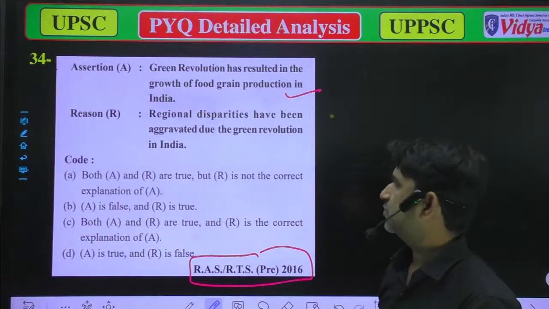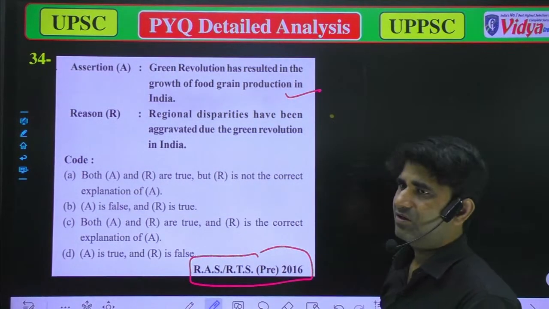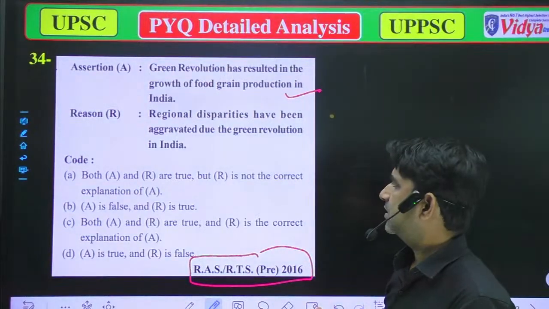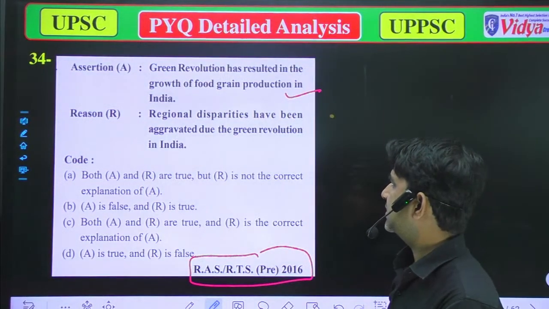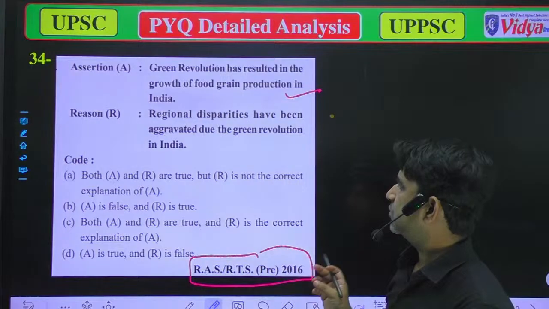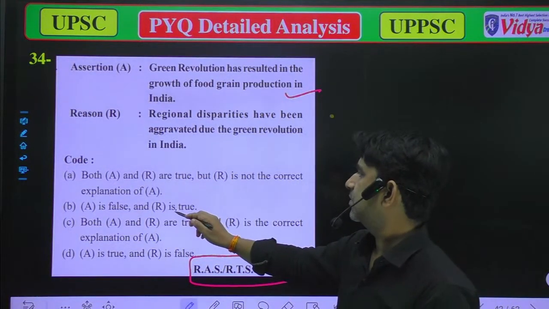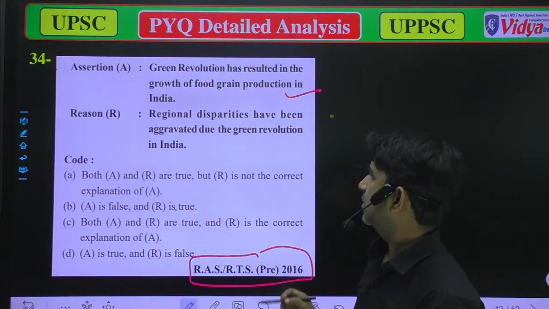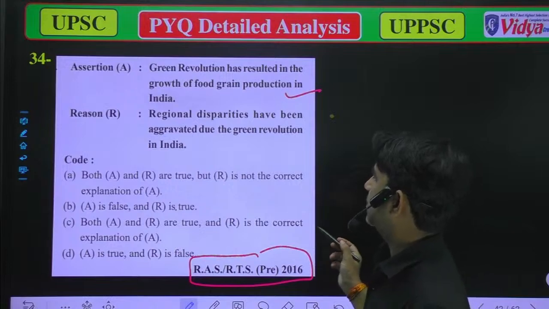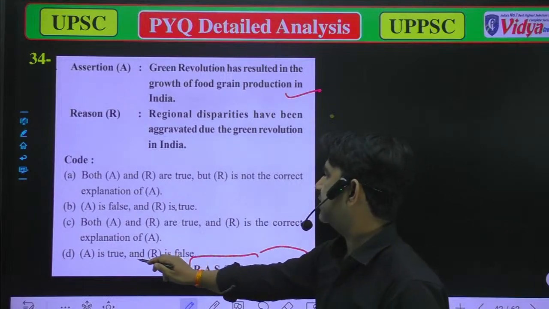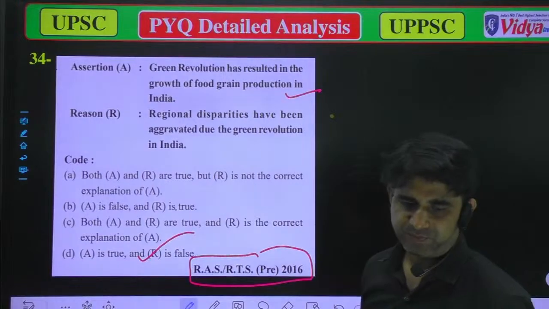No, that's not true, because the green revolution doesn't harm any regional disparities. So only option 1 is correct. A is true and R is false, so option D is correct.